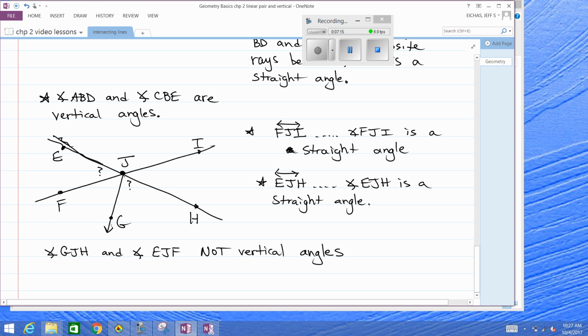We have a better definition in that both pairs of sides have to be opposite rays. Now, you could argue, well, JE and JH are opposite rays, and that's two of the sides.